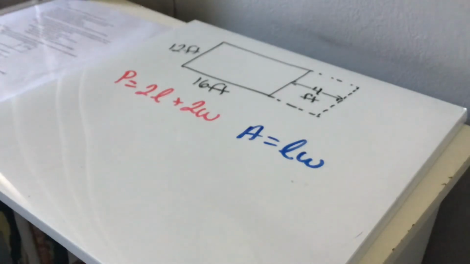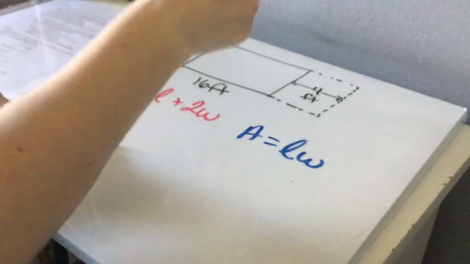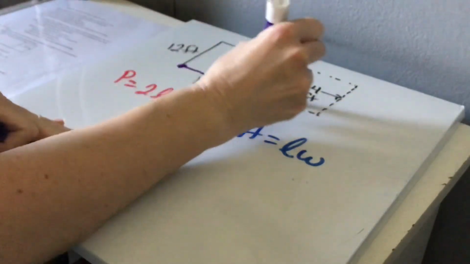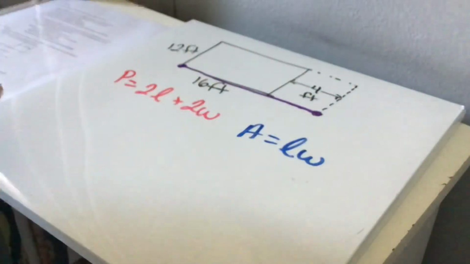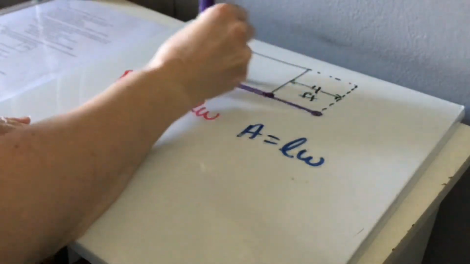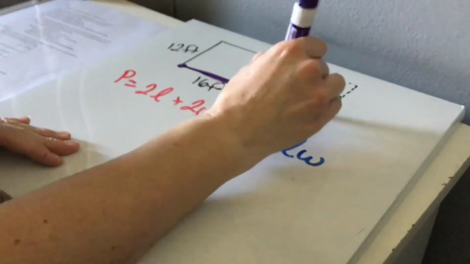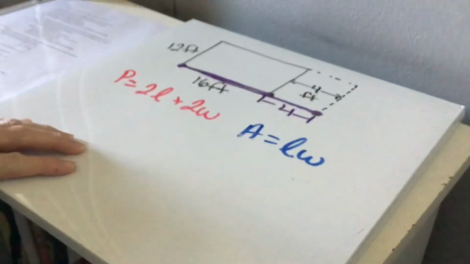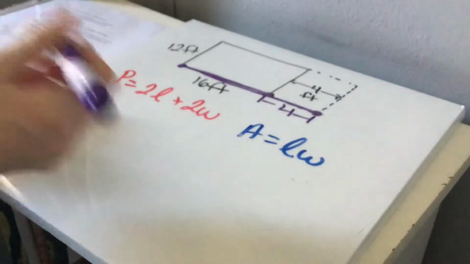So we need to know what the length and the width are of our new kitchen with the addition. So this dimension here is the length. Up to this point, this part was 16, and then we added 4 feet. So our new length is 20.